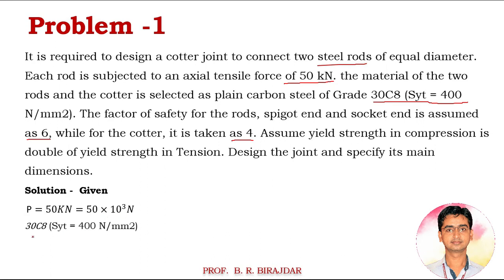Then the material property: the material is 30C8 and its SYT is given as 400 Newton per mm square. Then factor of safety is 6 for socket and spigot, and factor of safety is 4 for the cotter. And another one, that the yield strength in compression is double that in tension. So this is the given data.